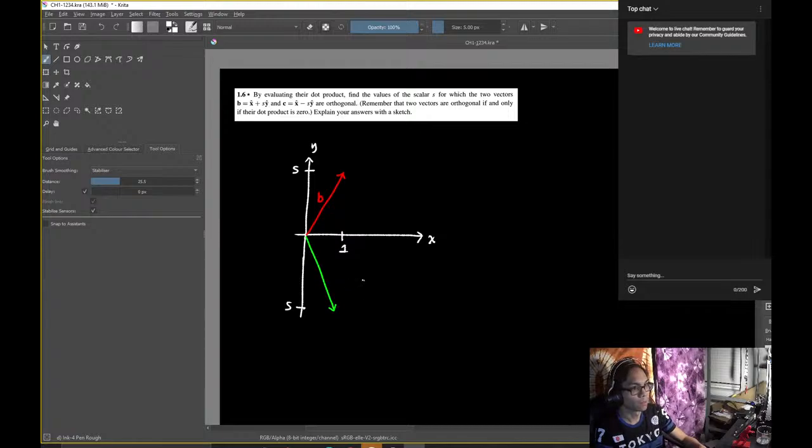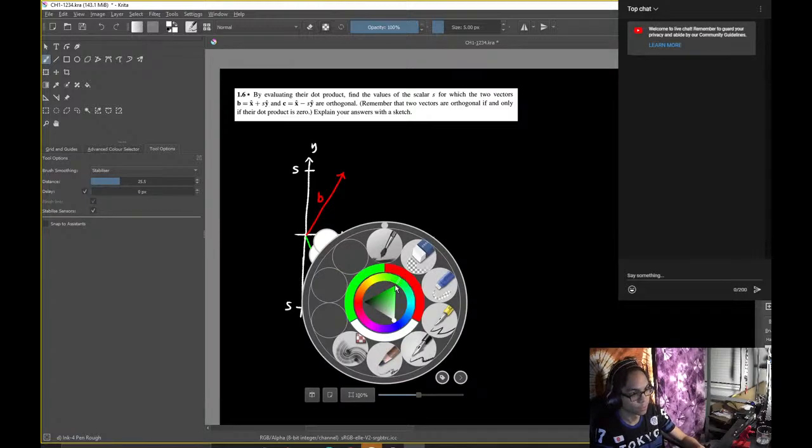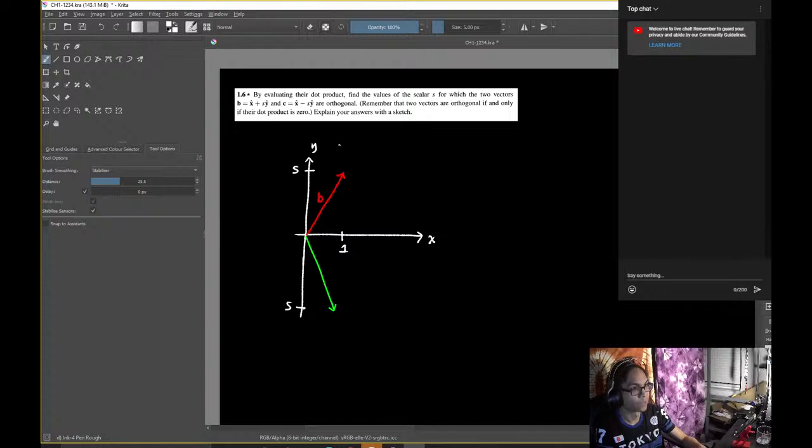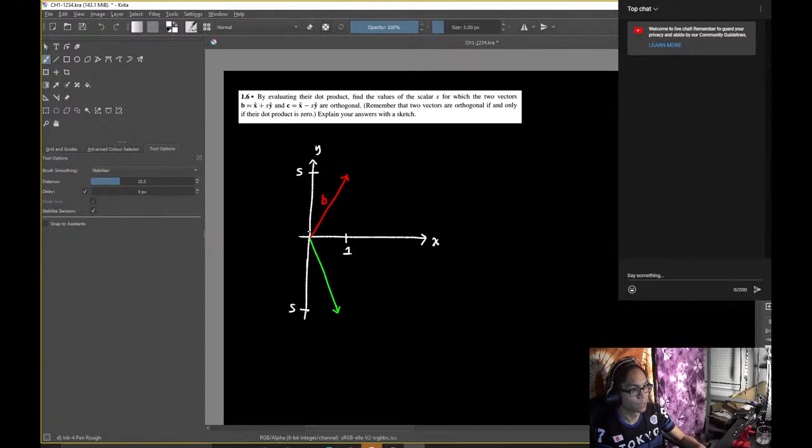Okay. Now it looks like we need to find the orthogonality of B and C. Let me check. So the s for which the two vectors are, oh, I get it now. B cross product C, wait, no, that doesn't make sense. What actually makes sense is that this should be 90 degrees for them to be orthogonal.